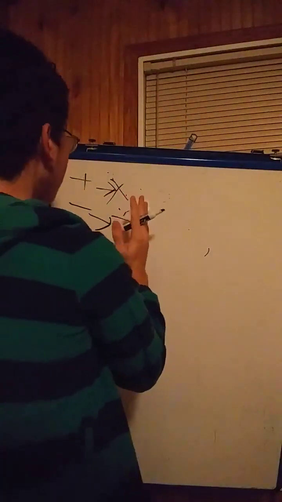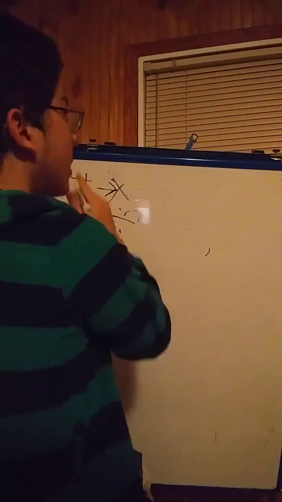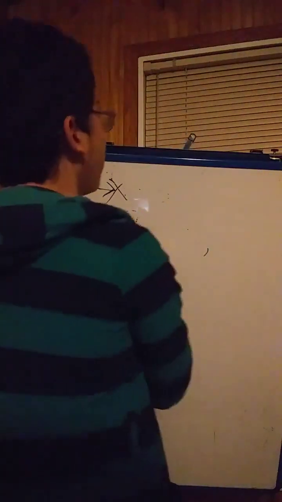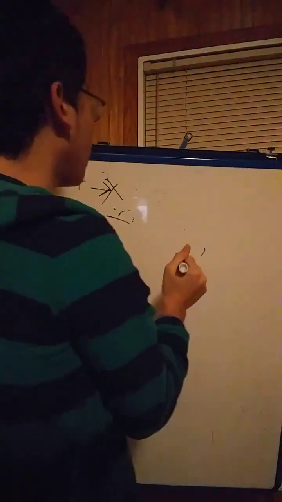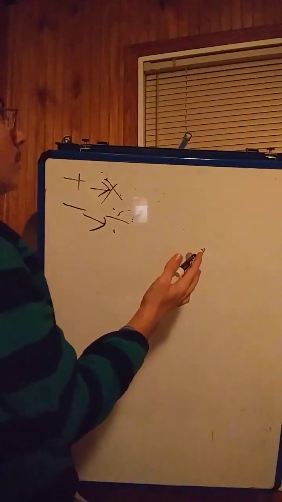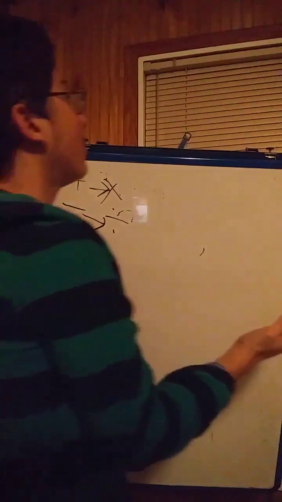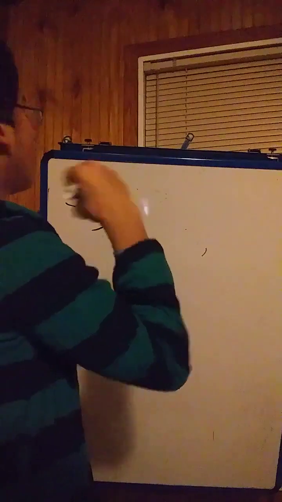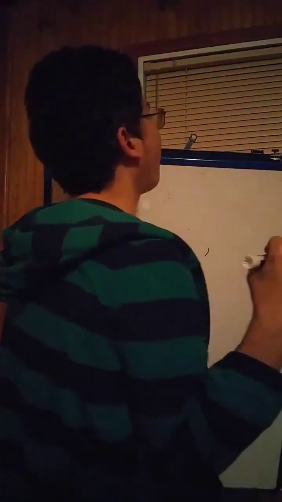Well, both of these are different signs. 12 positive, 4 negative. The answer would be negative 3. And we have positive 6 divided by positive 12. It would have to be positive. And negative 6 divided by negative 12 would also be positive.